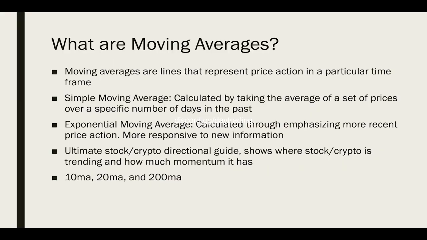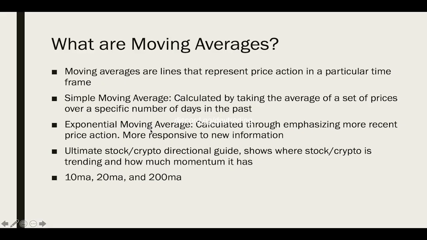If you have a 200-day moving average, which is another one that I use, that shows you the average price of that stock or crypto in the last 200 days. It's calculated by taking the average of a set of prices over a specific number of days in the past. So like I just said, the 20-day moving average would be the average price of the past 20 days.